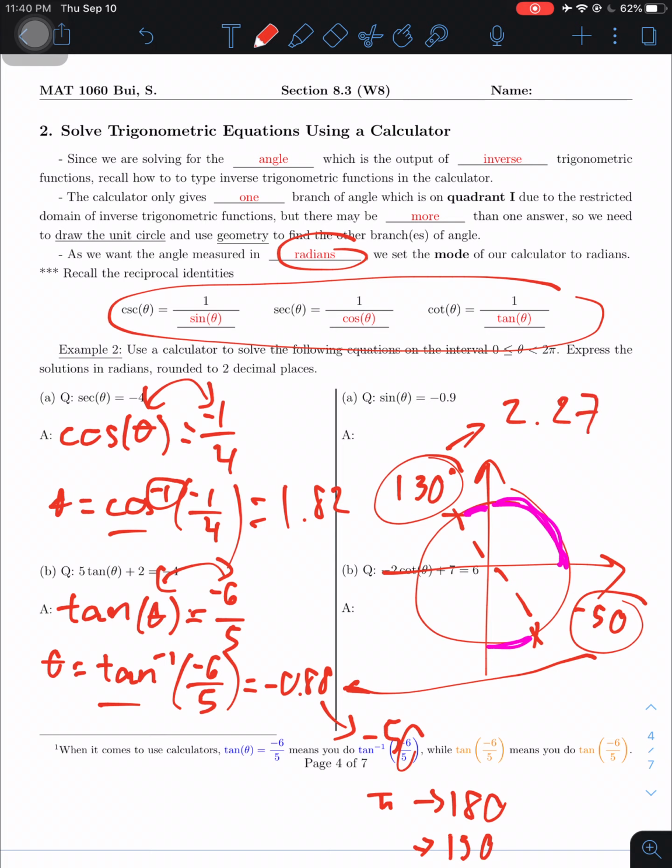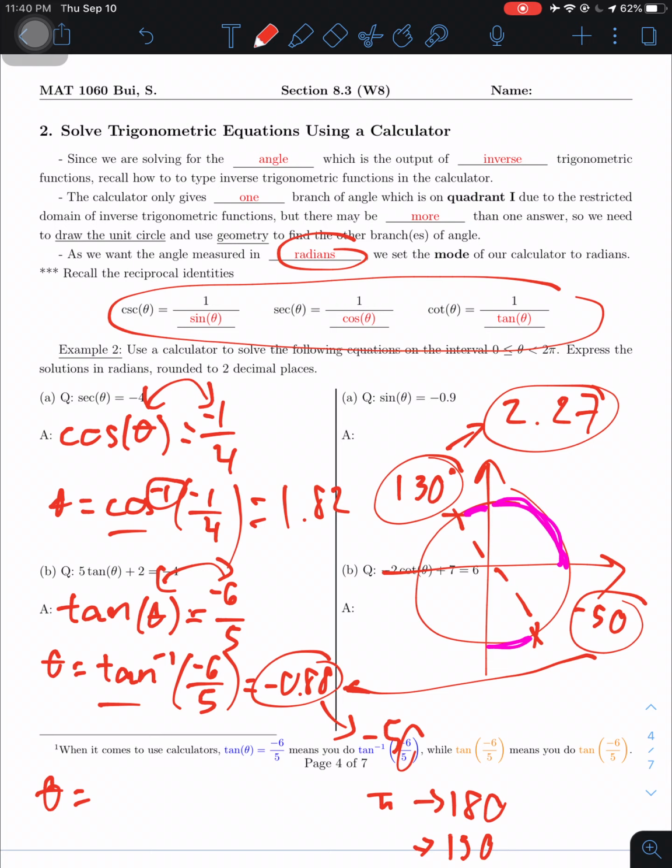And now, as for the final answer, again, we're gonna have two families. Let's sort them from least to greatest. So usually I'm gonna go with this one first and then this one second. But I told you guys from before, I don't really like the negative angle at all. So instead of having it as a negative angle, I'm gonna convert back to radian.